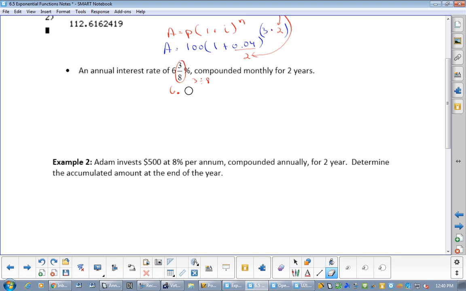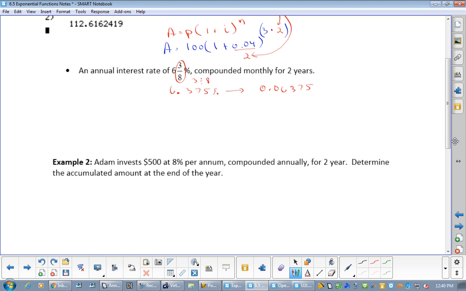3, 7, 5. Now that's 6.375%. Divide by 100, what would you get? It's the same thing as moving 2 decimal places to the left. 0.06375. Okay, so that's our first beast.